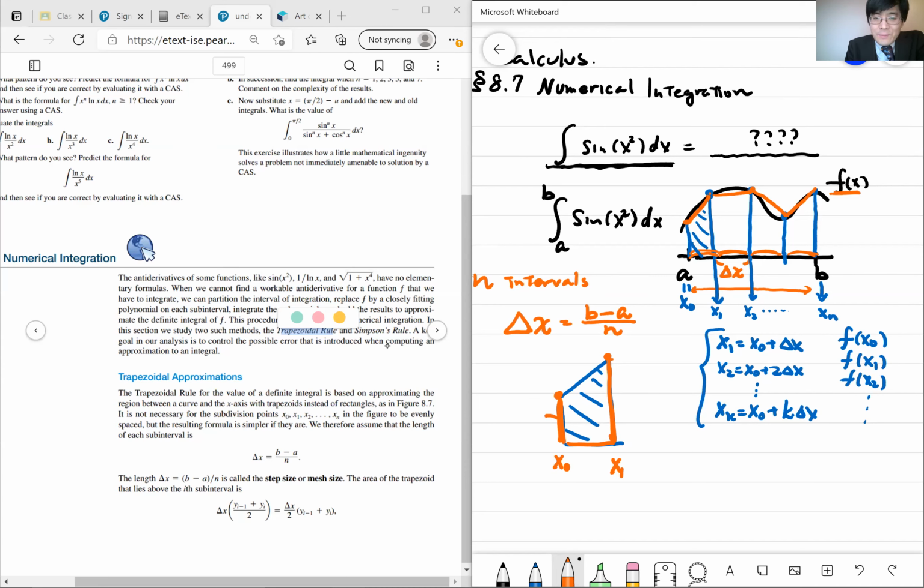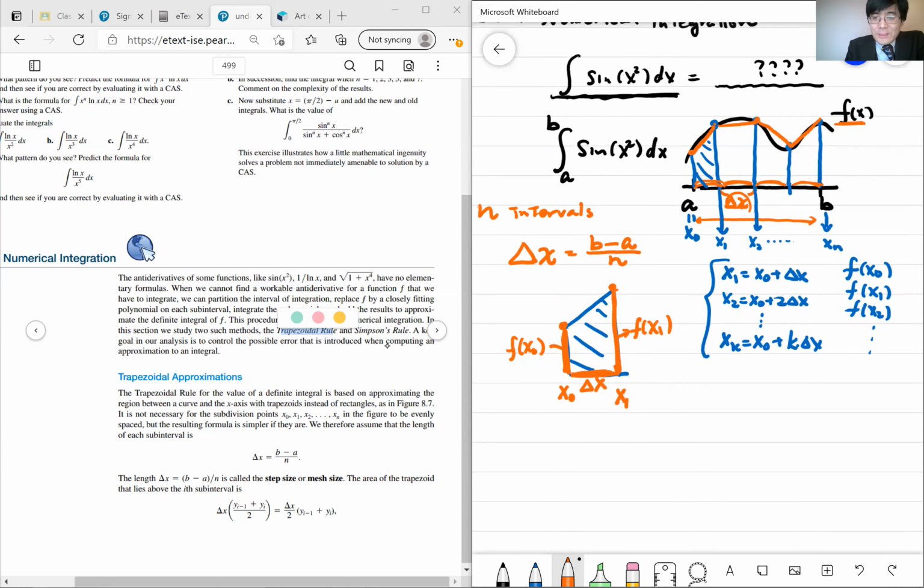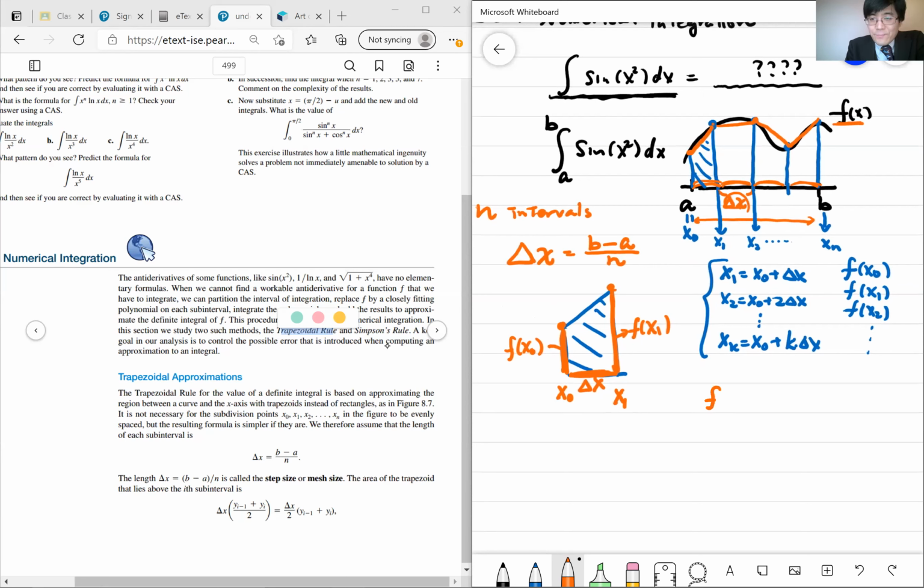So this length can be expressed as f of x naught, and this one is f of x1. The height here is delta x. So the first trapezoid has an area of upper base plus lower base times height, delta x, divided by 2. So that is equal to this.